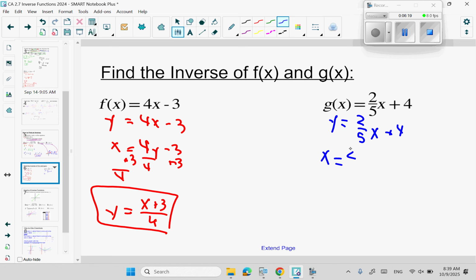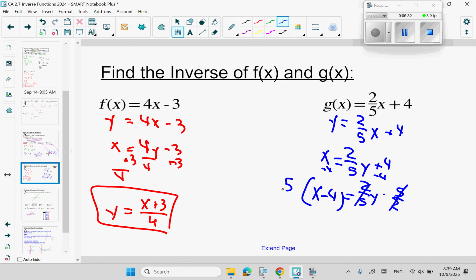Swap the letters. Minus 4, minus 4. Multiply by the reciprocal to get rid of a fraction. We get 5x over 2 minus 10 equals y.